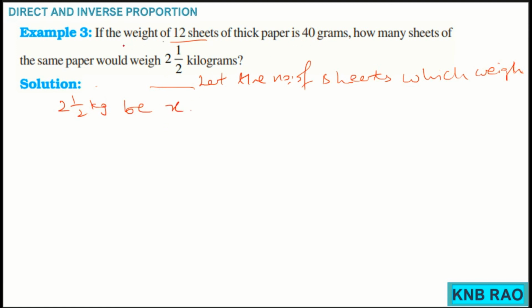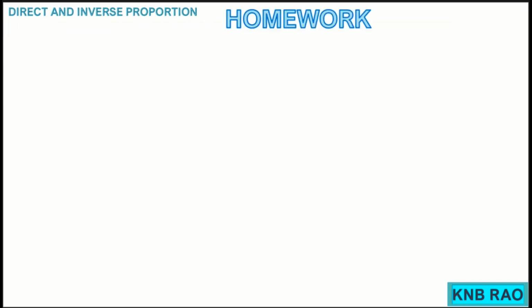So the weight of 12 sheets is equal to 40 grams. Therefore, we are assuming let the number of sheets which weigh 2.5 kg be x. We put this information across as a table now.